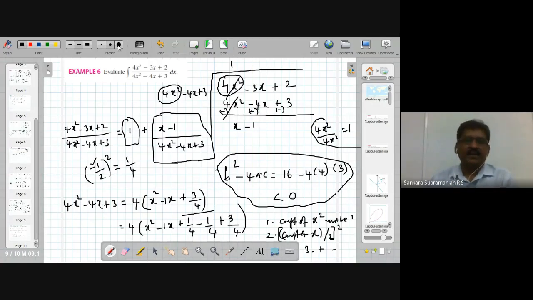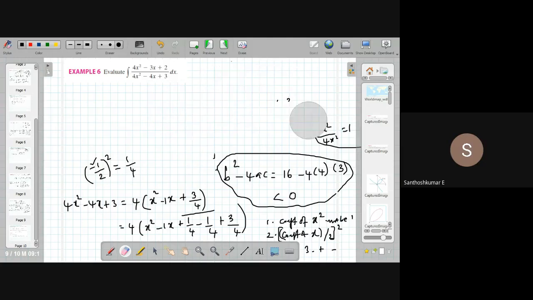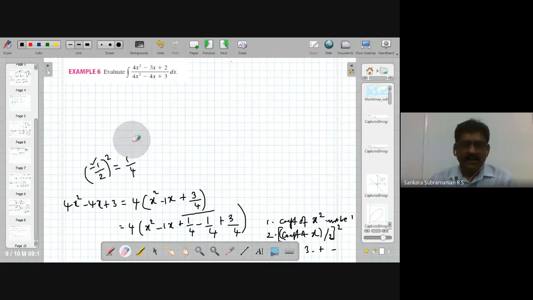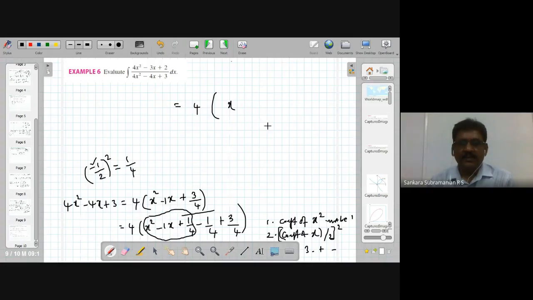அவ்வளவுதான். அடுத்து ஃபர்ஸ்ட் 3 டேர்ம்ஸ் என்னது பாருங்க? அதுதான் சார் x minus 1/2 whole square. இந்த இடத்துல என்ன உள்ள போட்டுக்கோமோ அதான் whole square. So this is equal to 4 times of x. இந்த ஃபர்ஸ்ட் 3 டேர்ம் will be x minus 1/2 the whole square. ஏன்னா a square x square இருக்கு, அப்புறம் -2ab, -2 into x into 1/2, அதுதான் -x, plus b square 1/4.